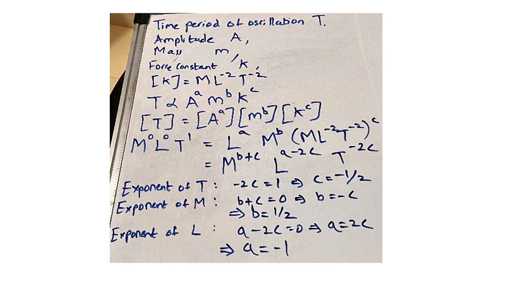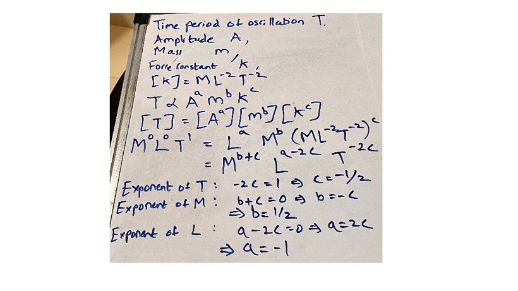So we know that the dimensions of the force constant are M, L to the power minus 2, T to the power minus 2, and then we know that this time period of oscillation would be proportional to the amplitude a raised to the exponent a, and the mass m raised to the exponent b, and the force constant k raised to the exponent c. So then we check the dimensions of these quantities that are involved here.